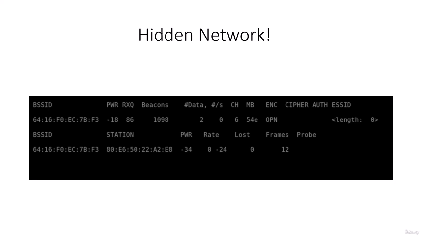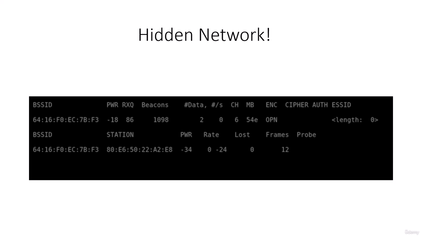Now we are going to use a deauthentication attack, and like before, we are going to disconnect this device from the network, but only for a very short period of time, then it automatically reconnects to the target network.